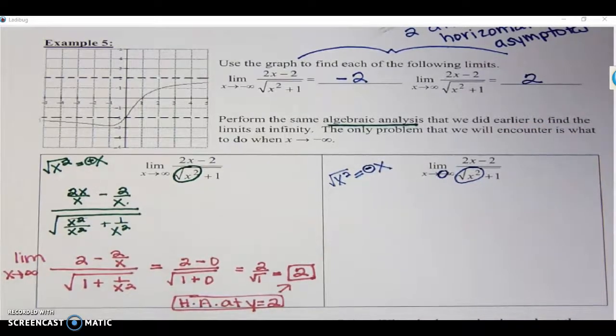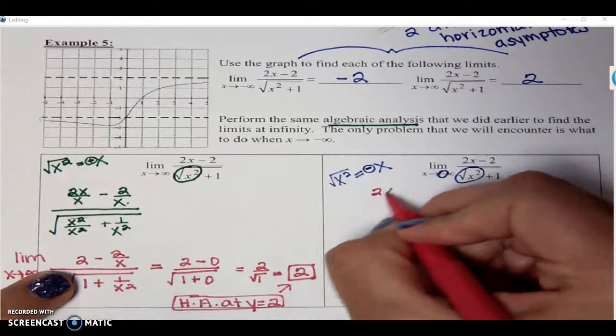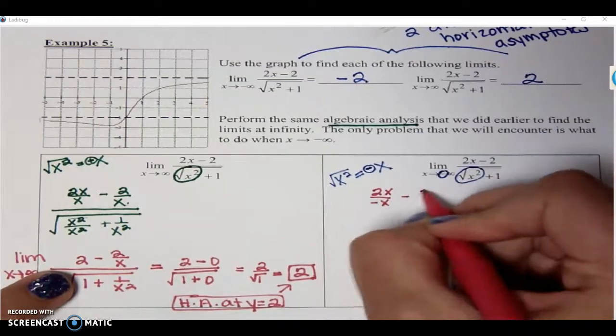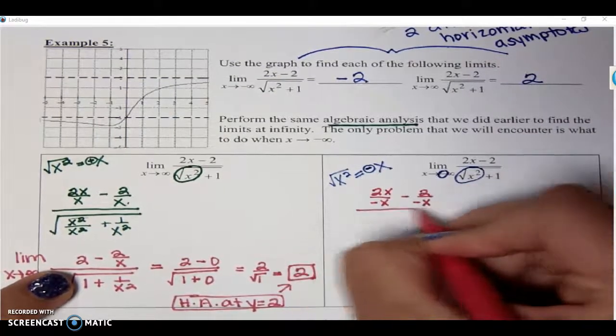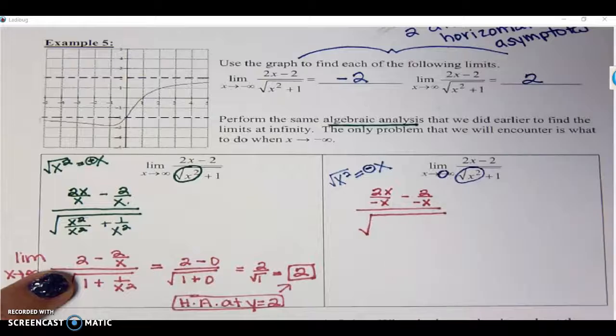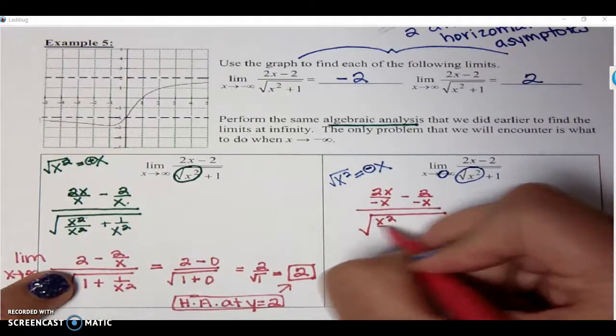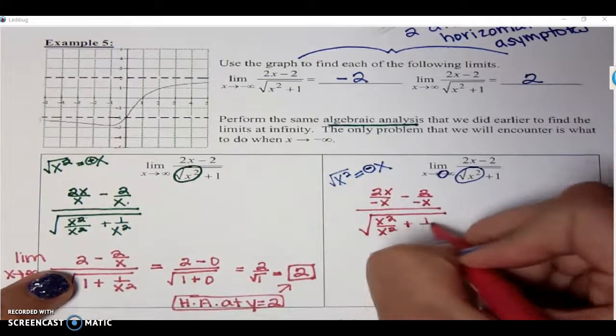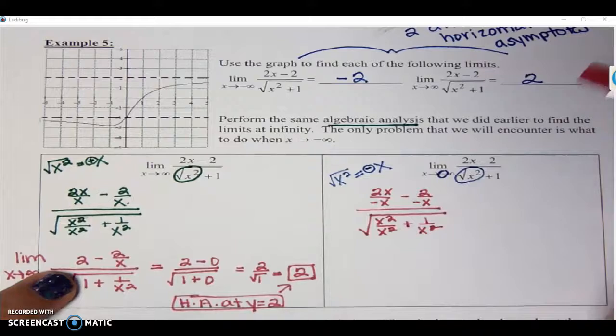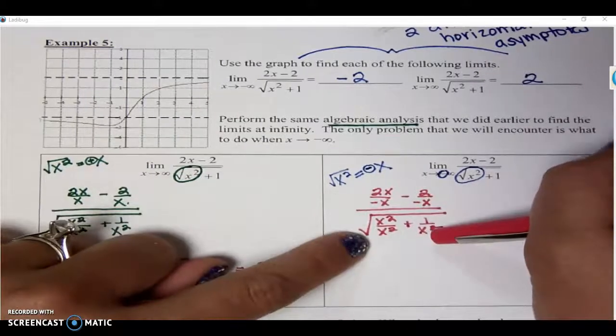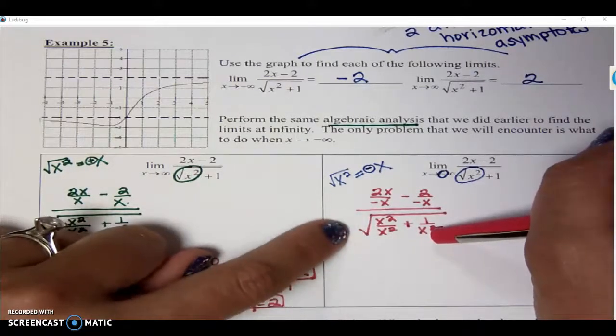So in the numerator, we're going to be dividing by negative x. Now in the denominator, because it's under the square root, you're still just dividing by that x squared. Okay, so when you're dividing by these two things, you're really dividing by the same thing because it is square roots. Just know that.